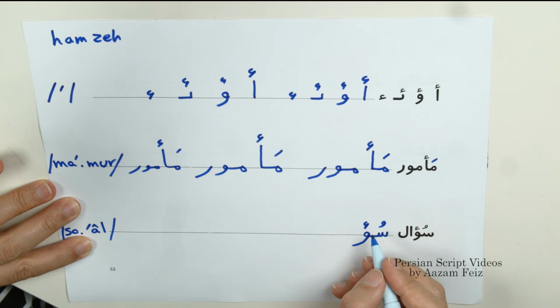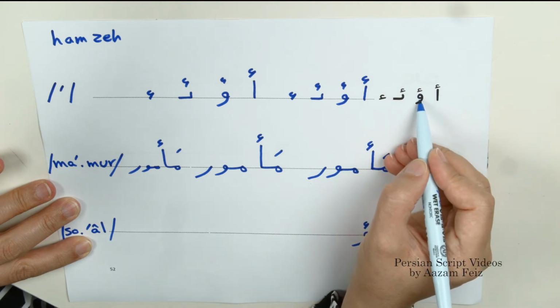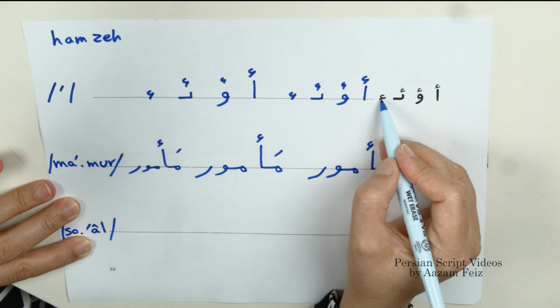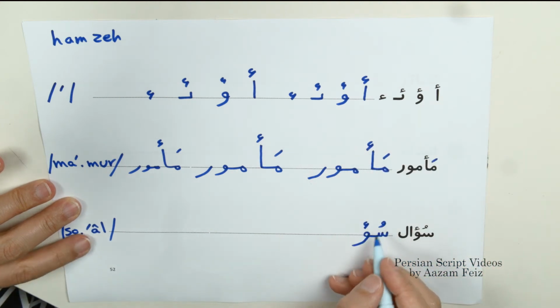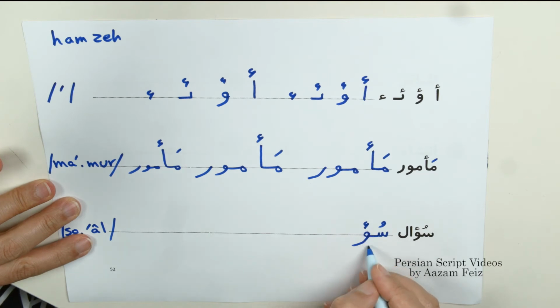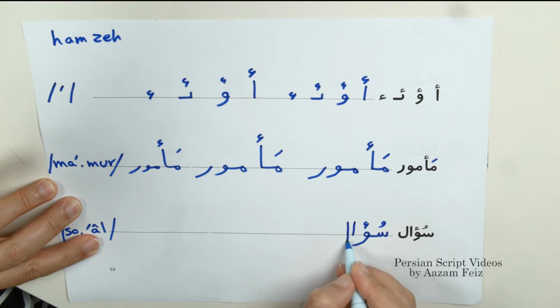In the traditional alphabet, they say hamzeh should sit on a letter. So it sits on alif, it sits on vav, it sits on this one, or it is independent. So s, o, and then hamzeh. Both of these are hamzeh, and then a, and then l.